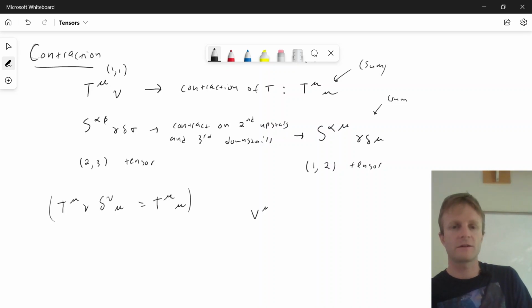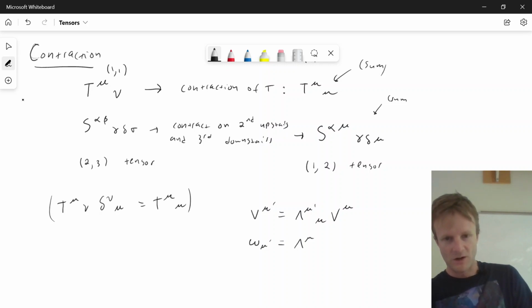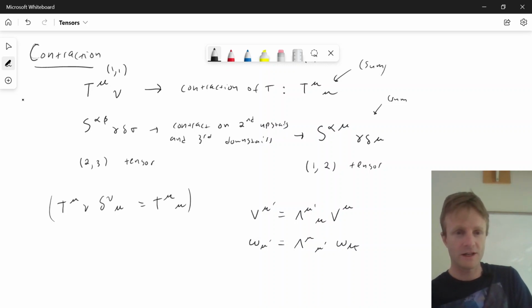Recall that a vector v mu transforms according to the notation as this, forward Lorentz transformation. A one-form omega transforms according to the notation as this, inverse Lorentz transformation, now from prime to unprime, because it's the only way the up-down rule will make sense. And you can guess the transformation law for any tensor.